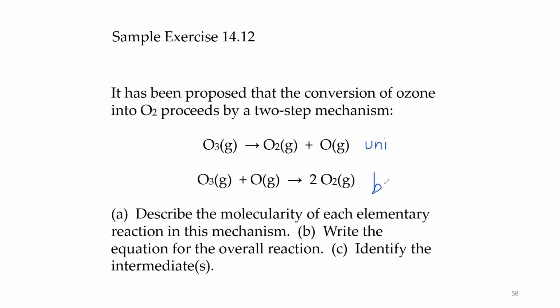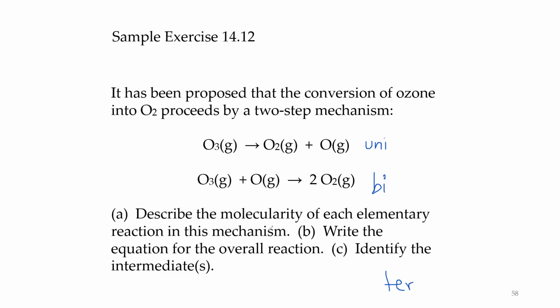Whereas the second one would be considered bimolecular because now we're having two molecules come together. And then if we had a third one, which is less common, because if you think about it, we're going to need three molecules to hit each other at the same exact time with the correct orientation and with sufficient energy.